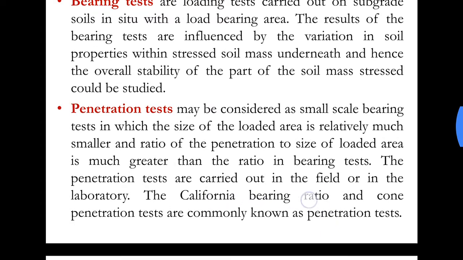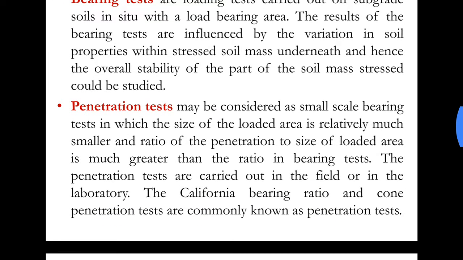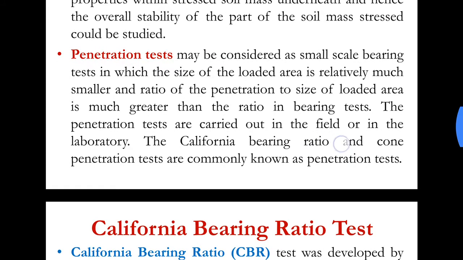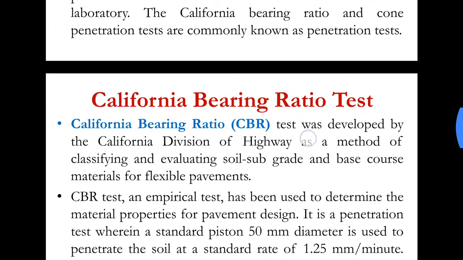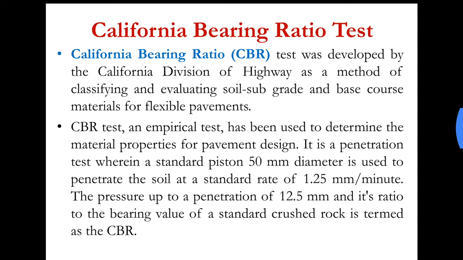So these are the basically used tests in order to test a road site. So now we'll look into detail about the first penetration type of test, that is the CBR test or California bearing ratio test, which is a very important test which is used in order to design the flexible pavement.